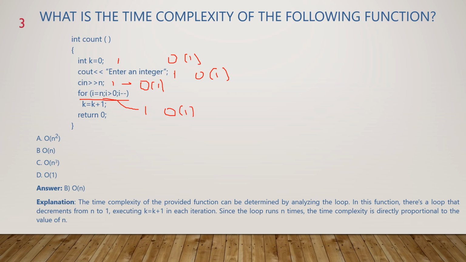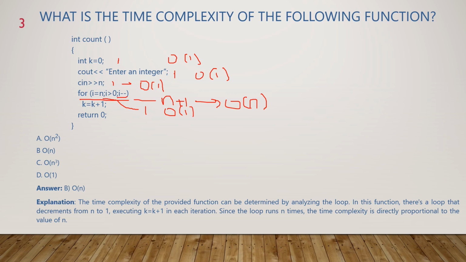The condition i greater than 0 is evaluated n plus 1 times. And this one is also big O of n. The other one, the decrement, is similar to the previous one. The previous one starts from 0 to n, but this is the reverse, starting from n down to 0. That is the only difference.